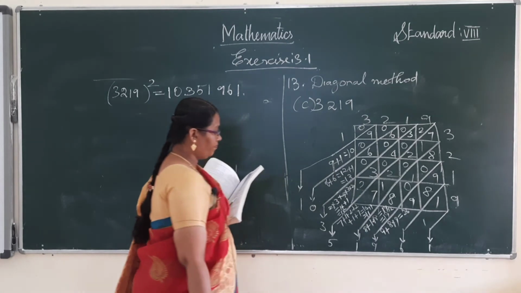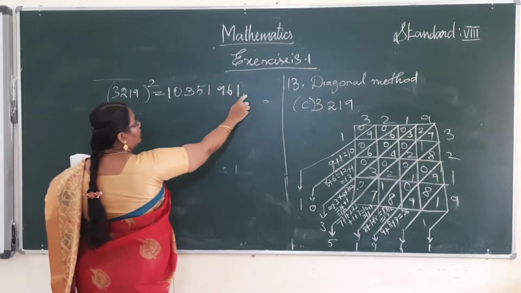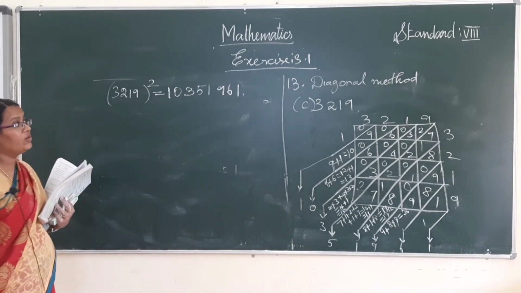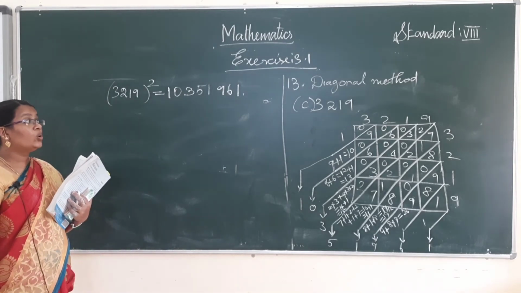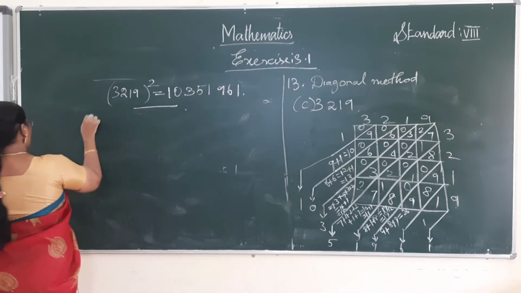Okay, right. So answer is 10351961. The square value of the 3219. Okay, and next one of that 14th problem.